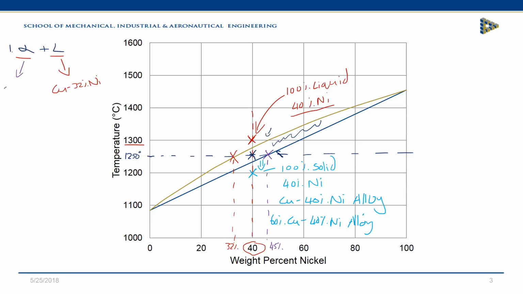So the composition of my solid is 45% nickel. All right, so already I now know that at this temperature, for that alloy composition, I can determine what the composition of each of the phases are.